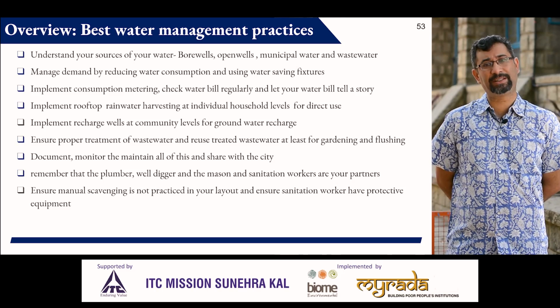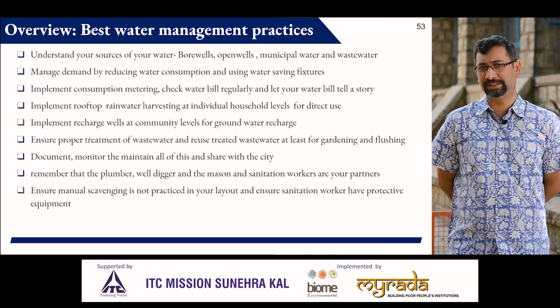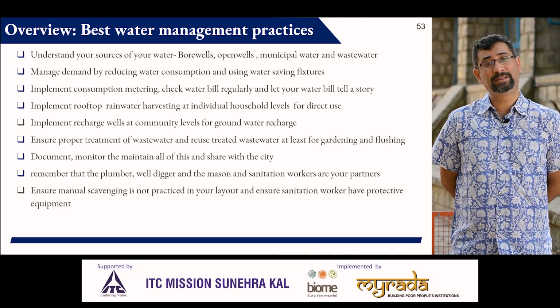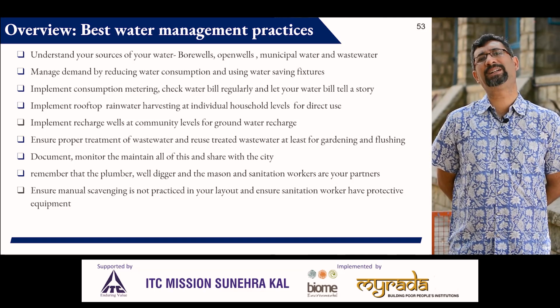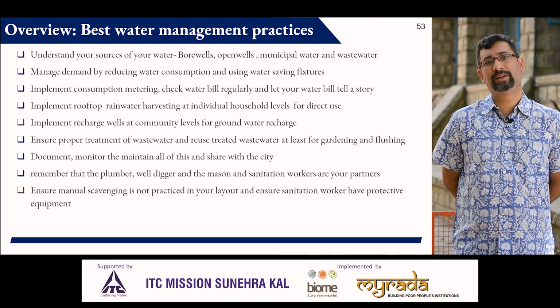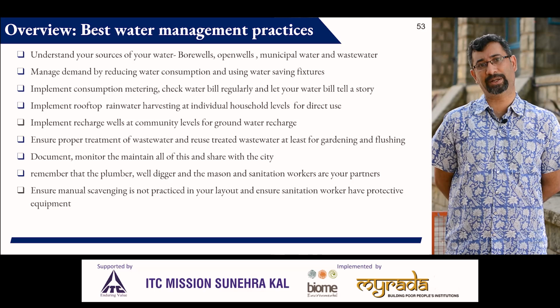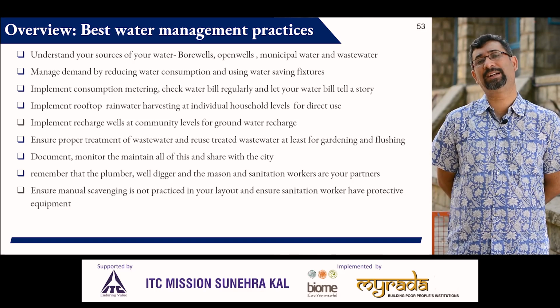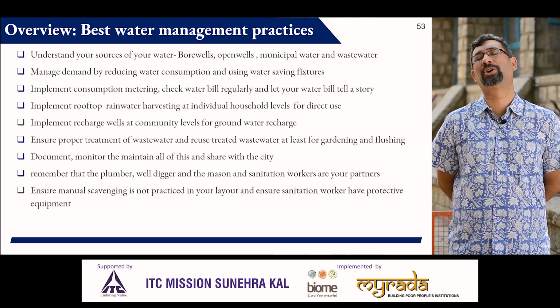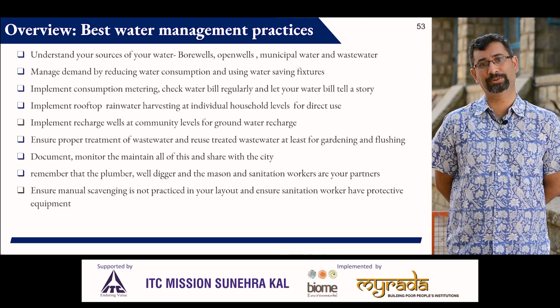Can you separate them and treat them separately? You should consider these options. And the water that's treated, can you at least use it for gardening? Can you at least use it for flushing, thereby reducing your freshwater demand? And again, having that virtuous cycle of saving on both resources and costs, because your demand is low.